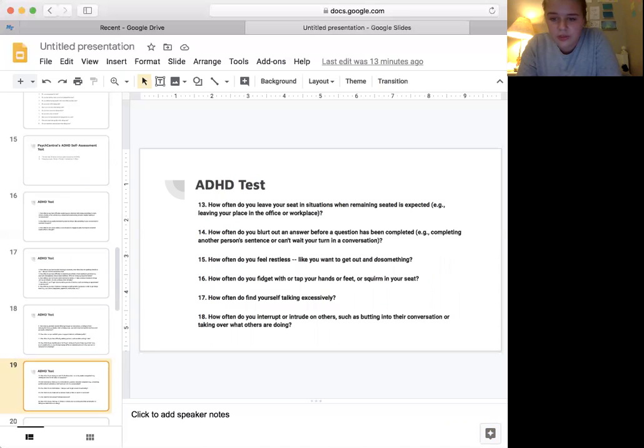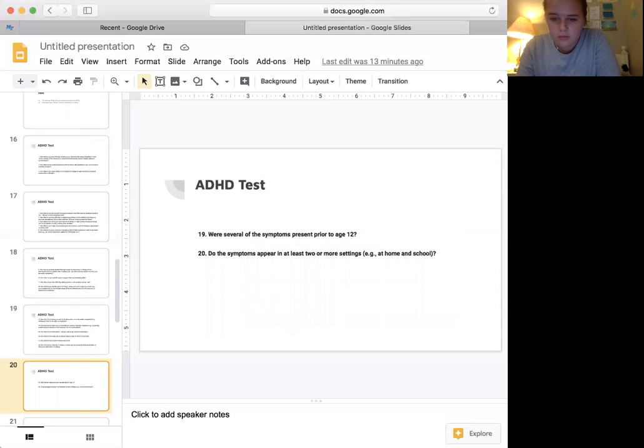How often do you feel restless, like you want to get out and do something? How often do you find yourself talking excessively? Do the symptoms appear in two or more settings? Example, at home and school.